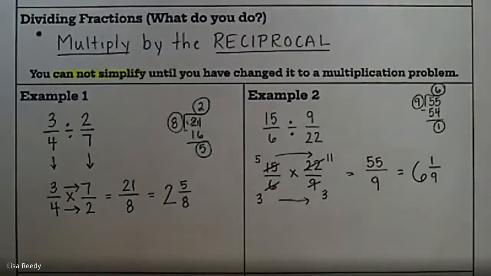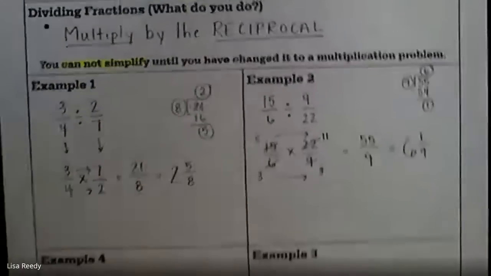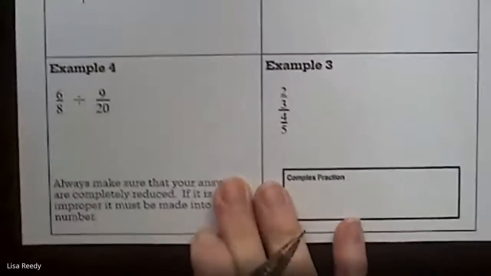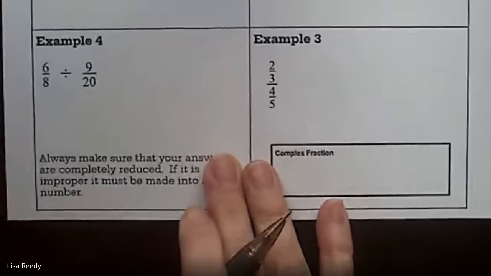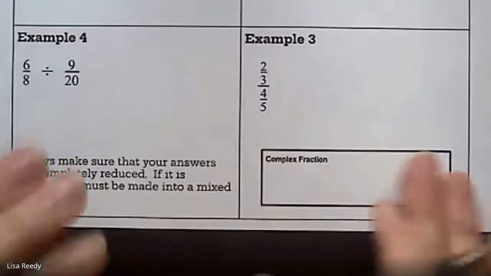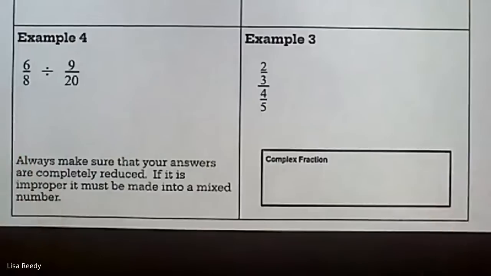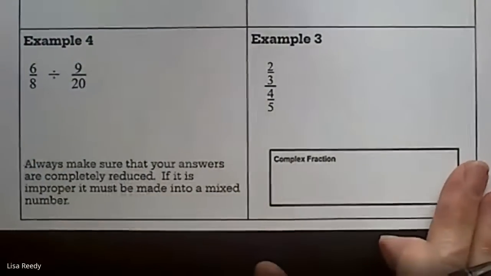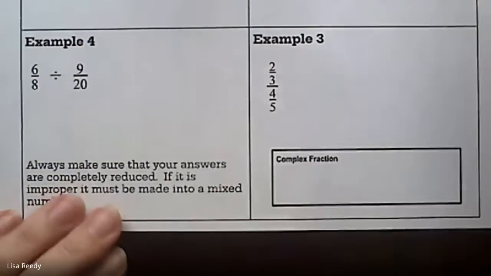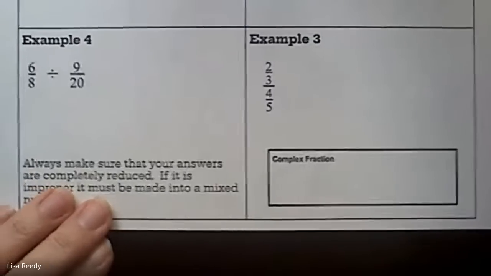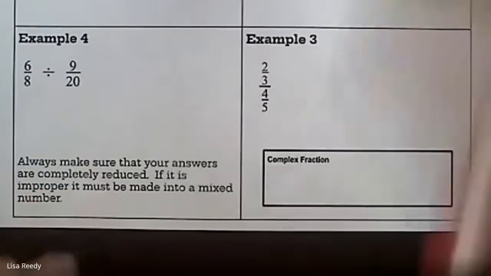Okay, let's keep going. We have example 4. For example 4, we are doing 6/8 divided by 9/20. Try that out.